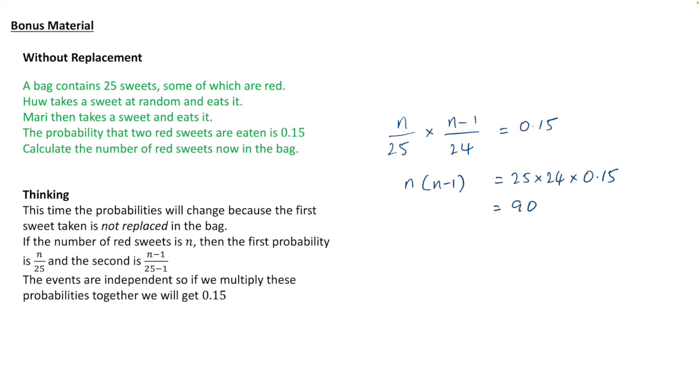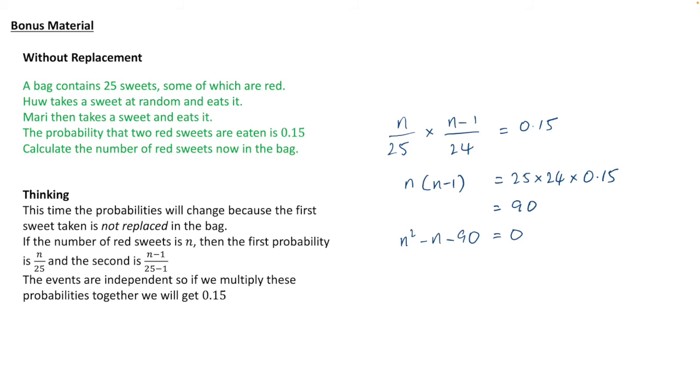So n times n minus 1 is 90, and we could turn that into a quadratic equation. So n times n minus 1 gives us n squared minus n, and then we subtract 90 from both sides, so we get minus 90, and on the right hand side that's 0.